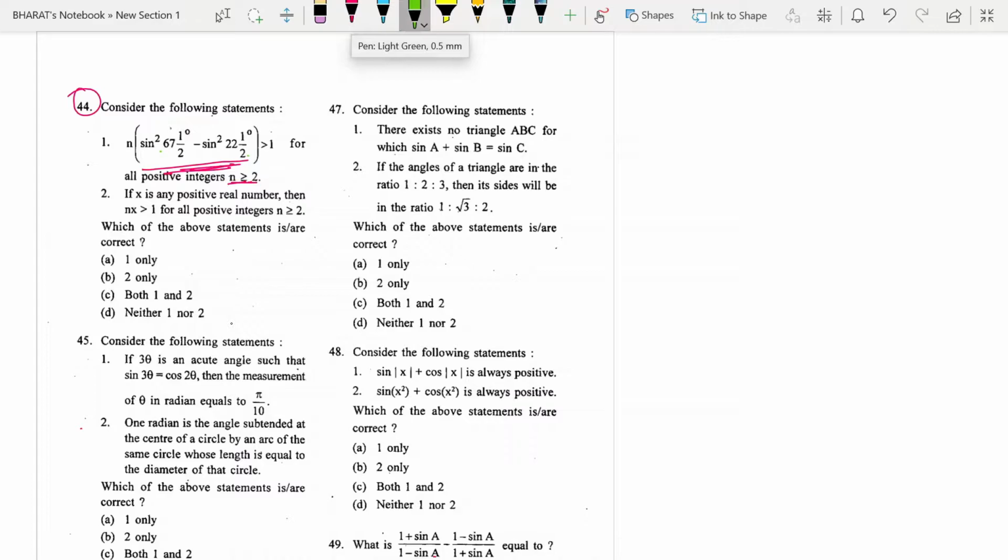Okay, let's change the pen. Here, what it is saying is sine square 67.5 degree.